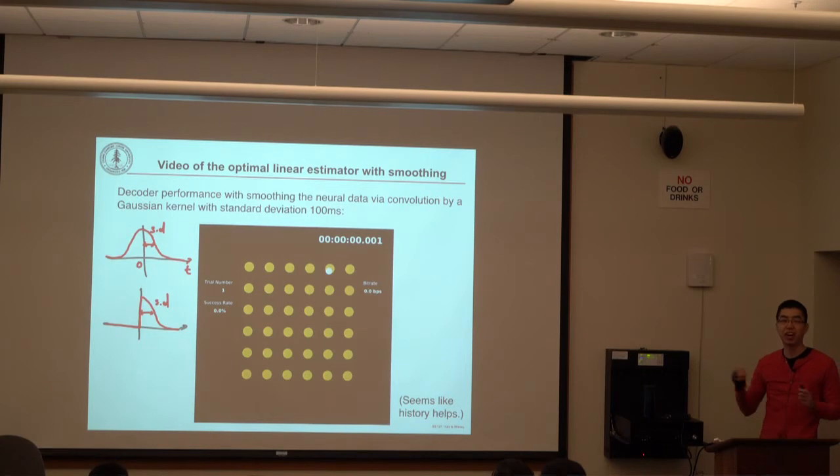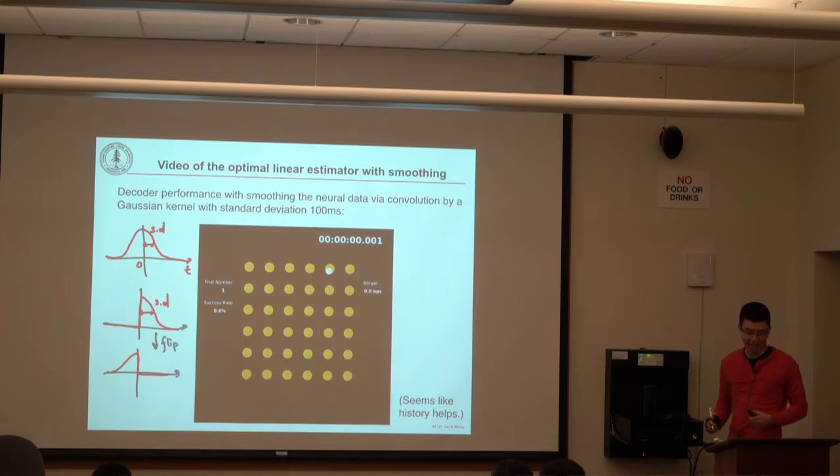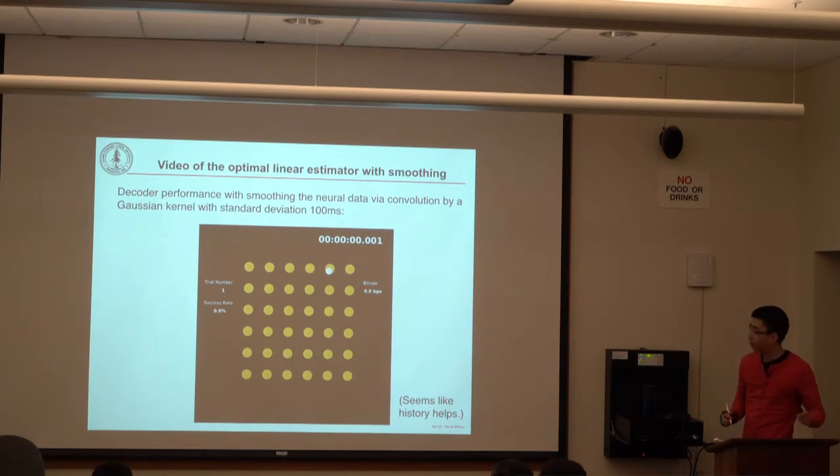But this will be a causal filter, because now when we flip and drag, if I were to flip this signal, it would look like this. And so it's not smoothing in any data into the future. It's just smoothing data in the past. So this is your classic EE102A doing convolution by hand. What we'll do is smooth all the neural data by convolving it with a Gaussian kernel. And this is its performance.